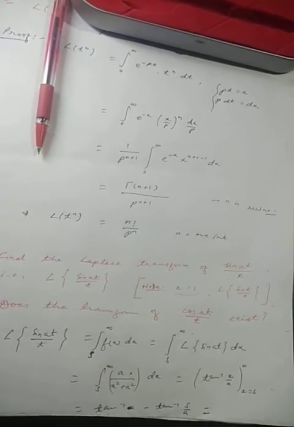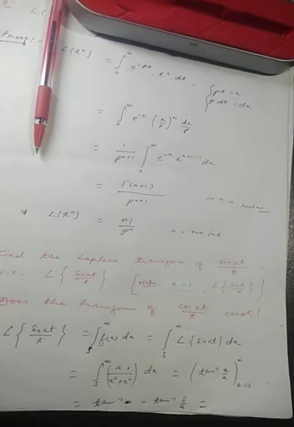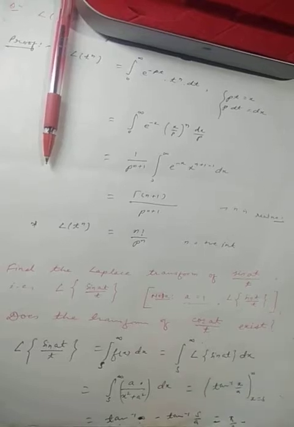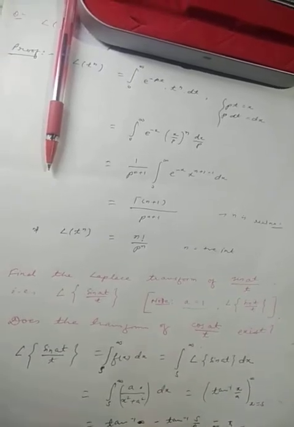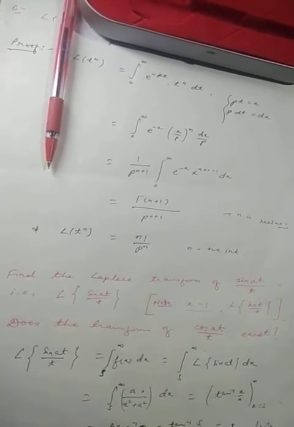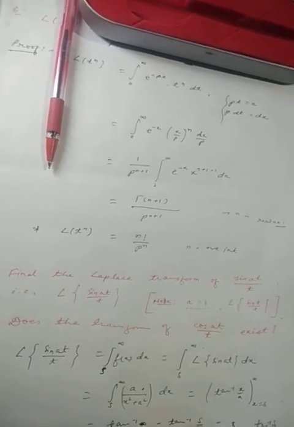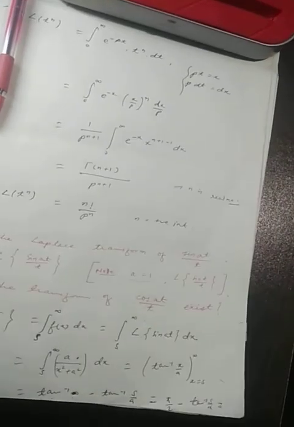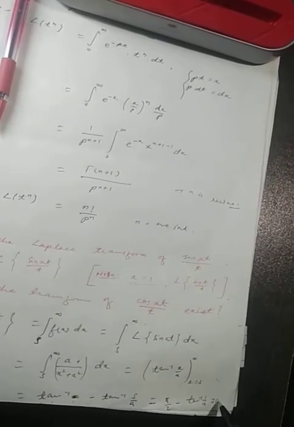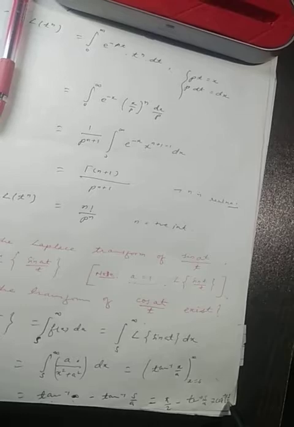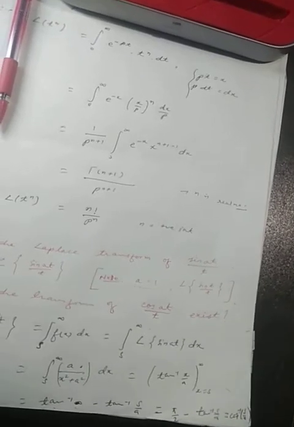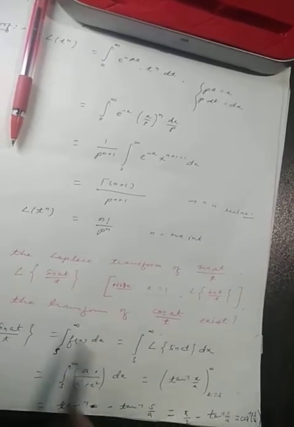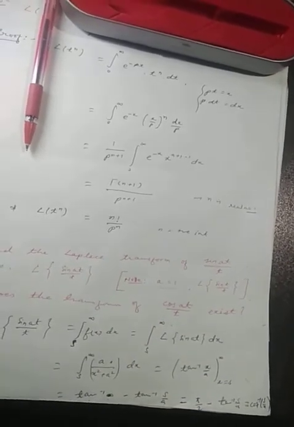Tan inverse infinity will give you pi by 2, and this will give you tan inverse s by a. And pi by 2 minus tan inverse s by a will give you cot inverse s by a. So cot inverse s upon a is the result from here.